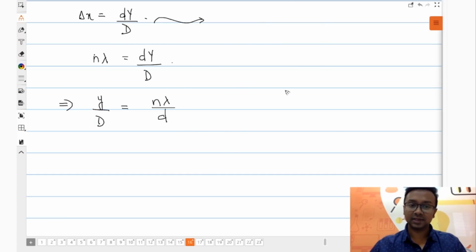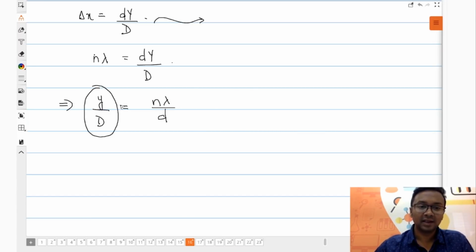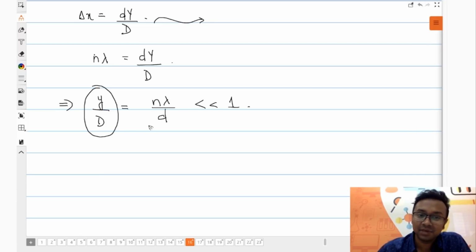Now, students, we know that these values of thetas are less. As long as they are less, it's pretty much fine. Now, these things definitely have to be much, much less than 1. As such, y is very less and d is much higher. So n should be less than d divided by lambda.